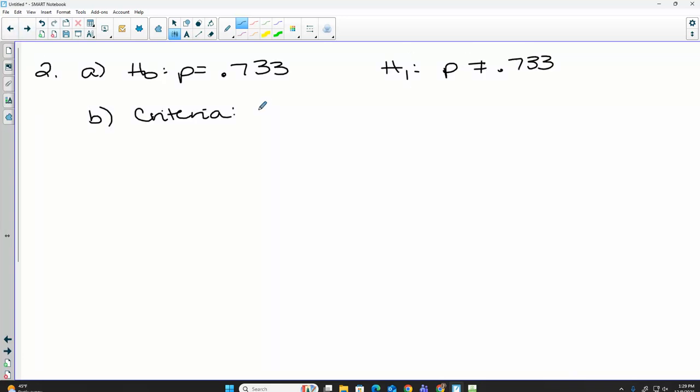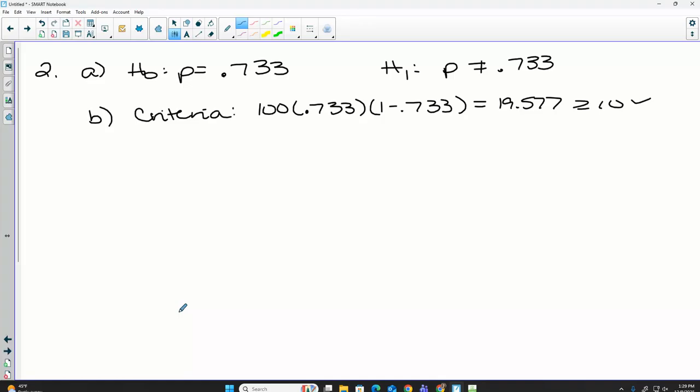So my N, we talked to 100 people. My P, the 0.733, 1 minus P, and that's 19.577. So that's greater than 10, so we're good. All right, so you have to know the criteria.